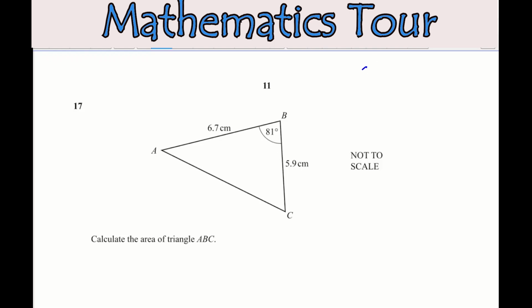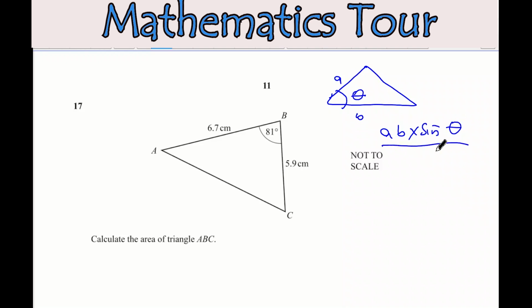Anytime you are given a triangle like this, with a side A, a side B, and theta between them, the formula is the product of the 2 given sides multiplied by the sine of the angle between them, divided by 2. If you are given other angles, you must find the required angle.